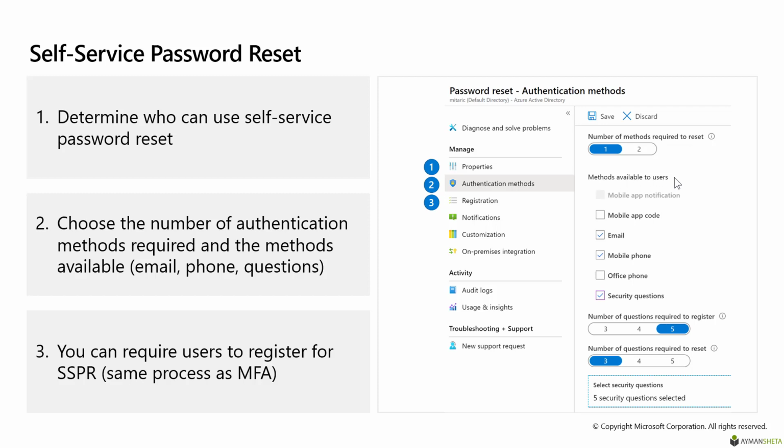Methods available for the user can be email, an application code, a code sent to a mobile phone, or a security question. And here we define the number of questions which can be used and the number of questions required to reset.